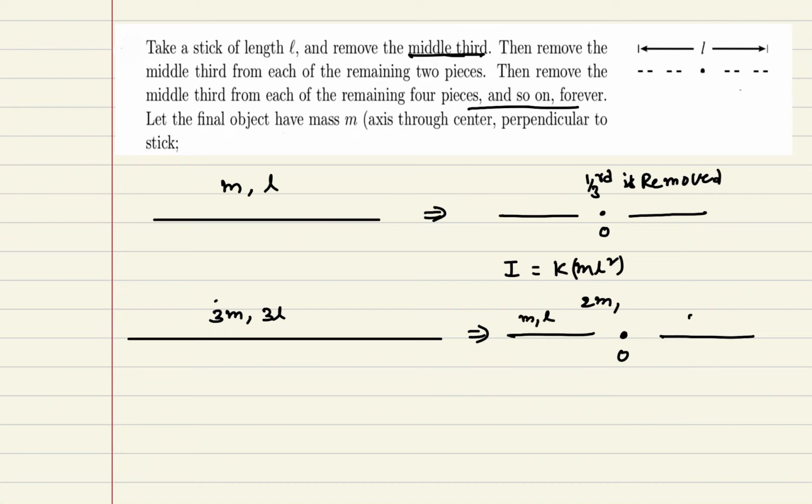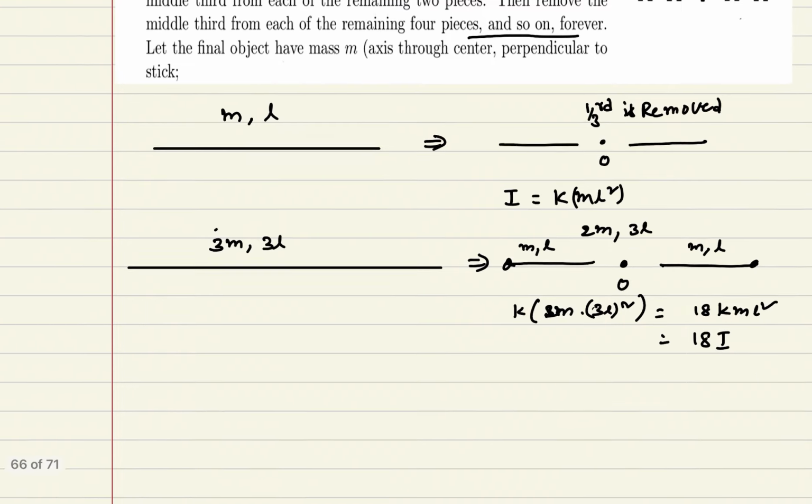This removed part has mass m, length l. The total length of the rod is not changed, it is 3l. Now the moment of inertia is k times the total mass 2m into length 3l square. So I get 9 into 2, 18 k m l square. I can write this as 18 times I.